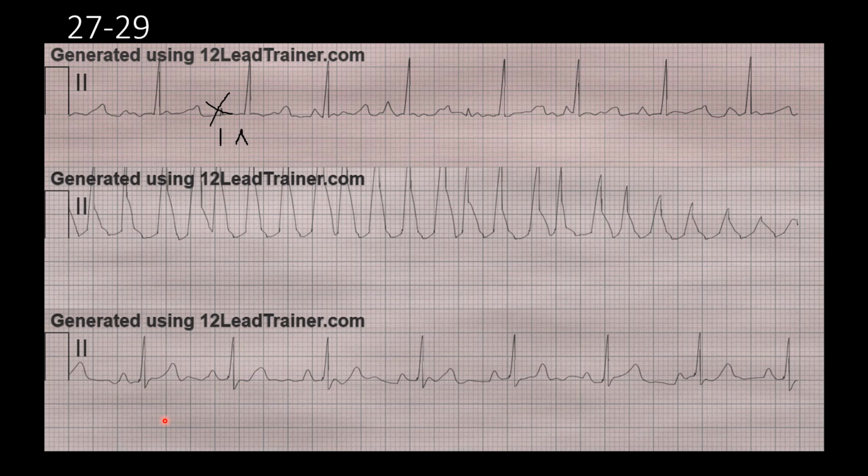There are P waves. We've got one there, and there, there, there, there, and there. They do appear to be unifocal or monomorphic, so coming from the same area. They're upright, round, and symmetrical in lead 2, so these are sinus P waves. Our PRI would be about 0.20 seconds, maybe 0.16.